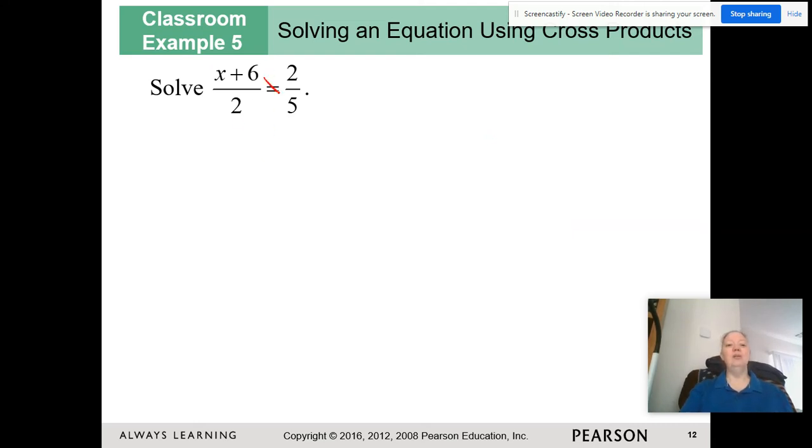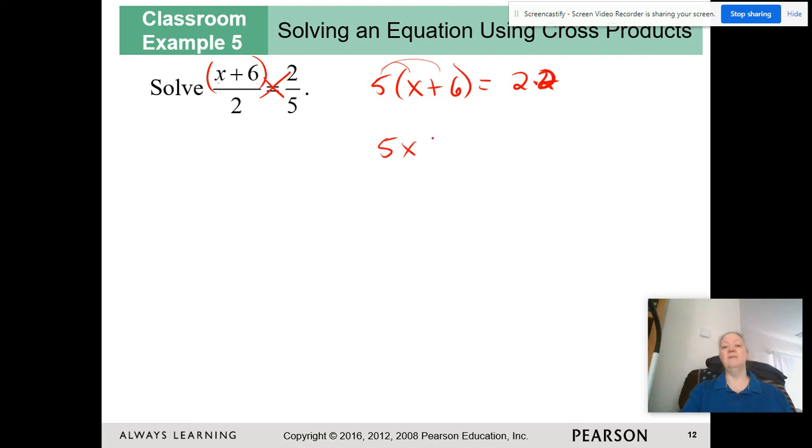So we are going to cross multiply. Be careful because we have to multiply the 5 times all of this numerator, the x and the 6. The way to indicate that is to put it in parentheses. It's really important that you remember the parentheses. Otherwise, you will get the problem wrong. So you need to distribute.